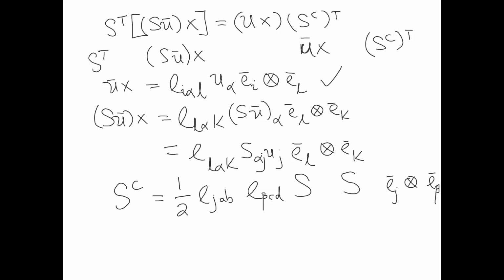The second index on the first alternating symbol and the second index on the second alternating symbol goes to your first S. The third index on the first alternating symbol and the third index on your second alternating symbol goes to your second S. And this is how you write the cofactor of a tensor in component form.